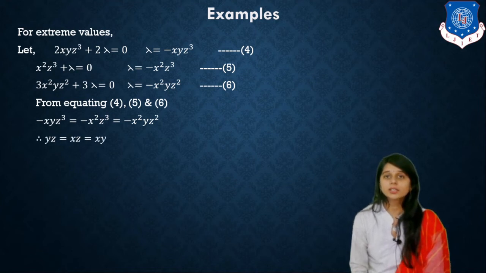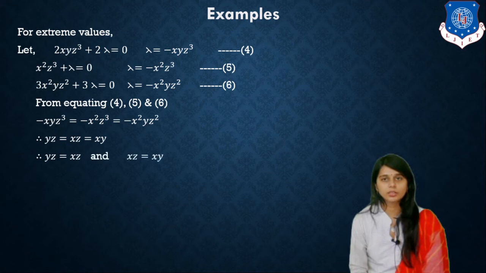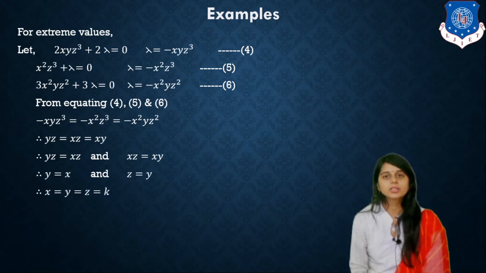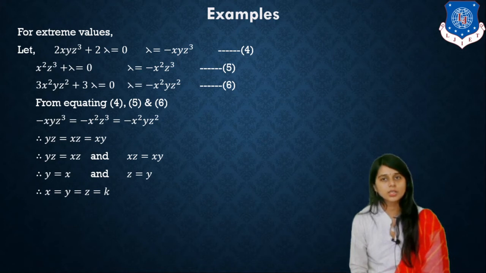So yz equal to xz equal to xy. So yz equal to xz and xz equal to xy. So y equal to x and z equal to y. That means x equal to y equal to z equal to k.